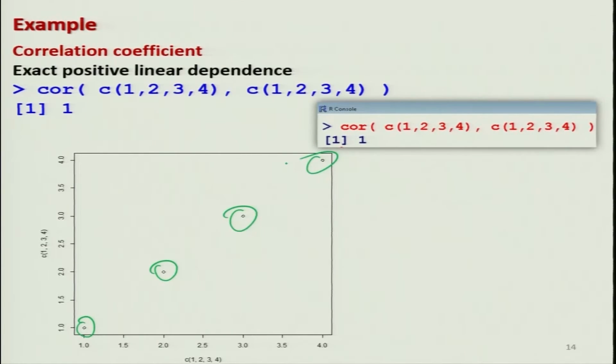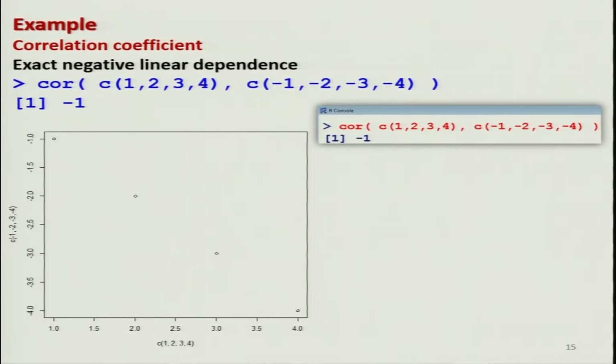For the values 1 2 3 4, if you find the correlation coefficient, that is the correlation coefficient between two exactly the same data sets. This will come out to be 1, because that is the case of a perfect linear relationship. Similarly, if you take one data vector to be 1 2 3 4 and another to be -1 -2 -3 -4, that means the directions are opposite.